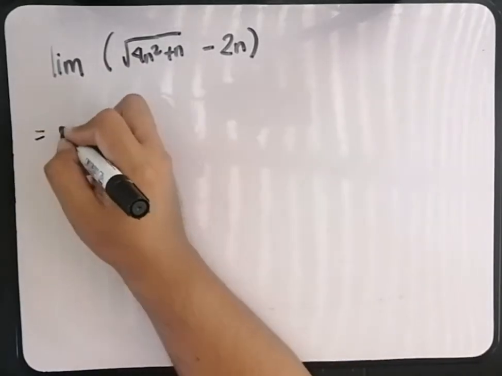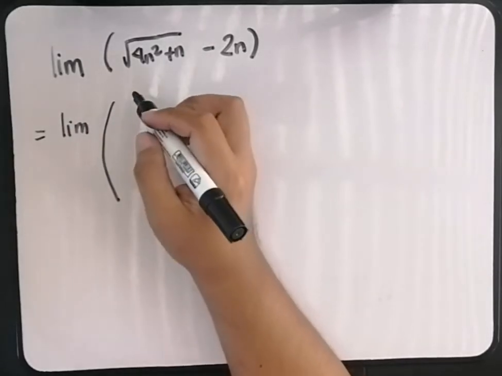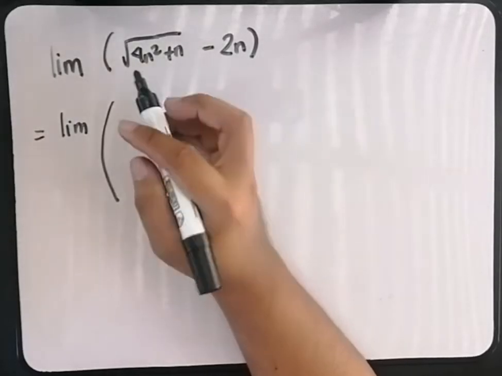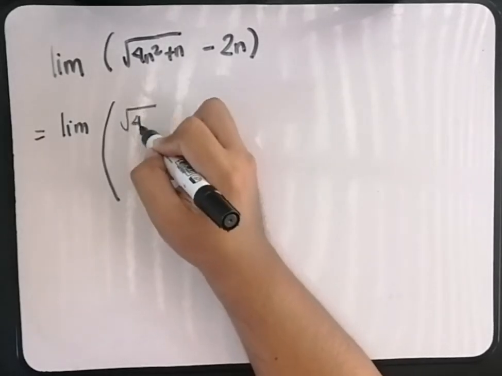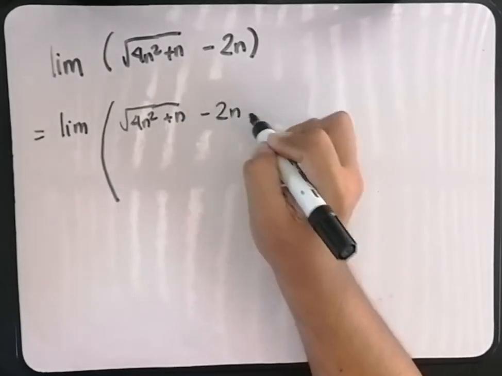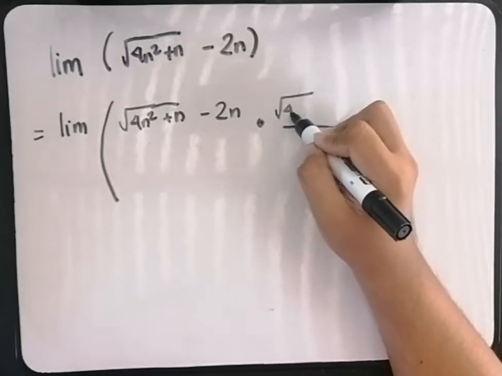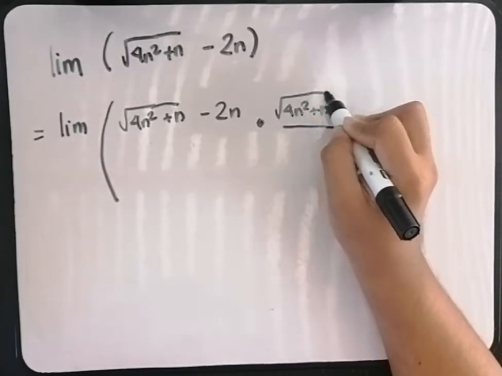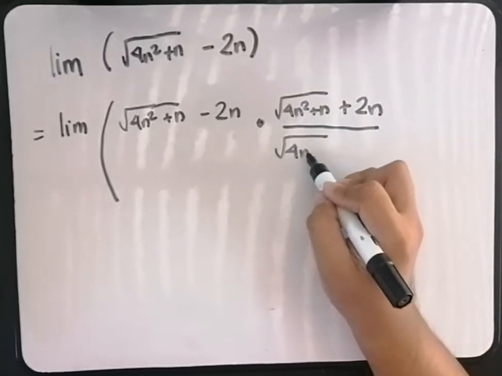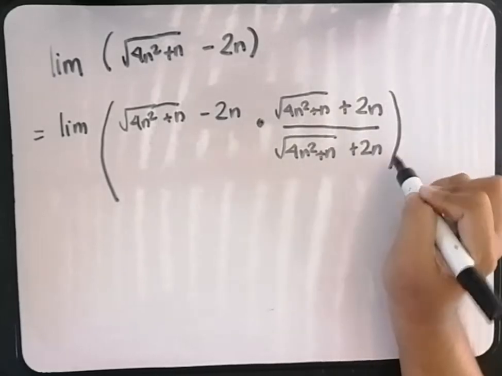Now, observe that if we multiply the conjugate of this, okay, so we have square root of 4n squared plus n minus 2n multiplied by the conjugate, square root of 4n squared plus n plus 2n.